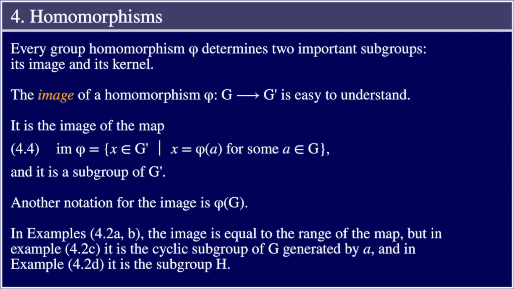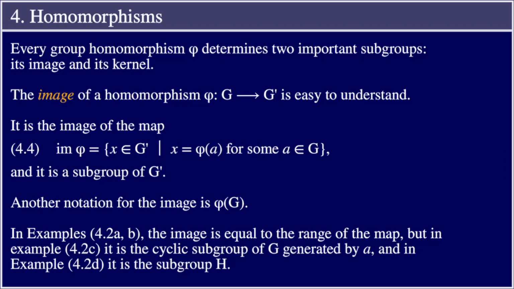Every group homomorphism φ determines two important subgroups, its image and its kernel. The image of a homomorphism φ from G to G' is easy to understand. It is the image of the map. 4.4. The image of φ equals the set of x in G' such that x = φ(a) for some a in G, and it is a subgroup of G'.